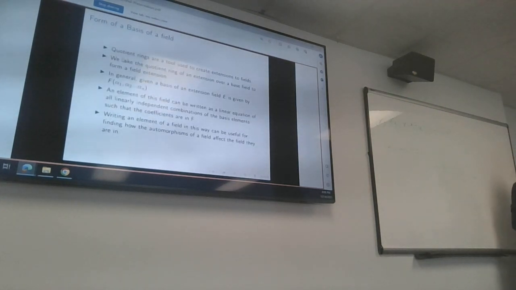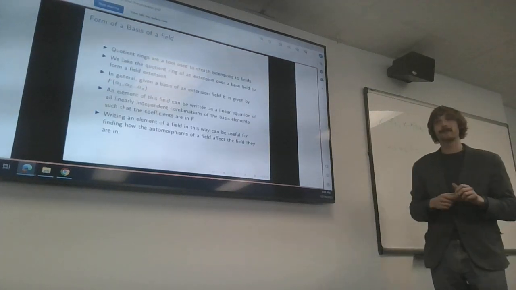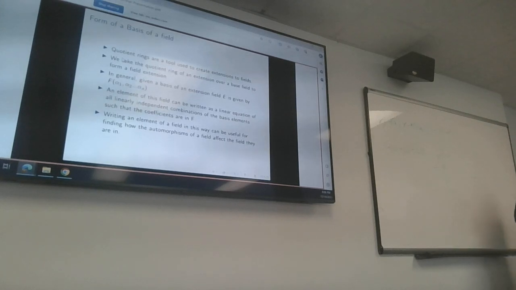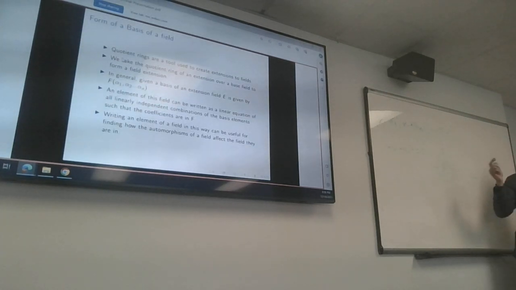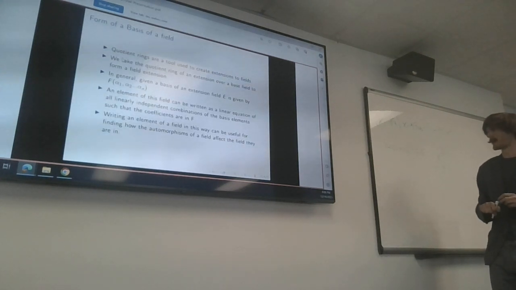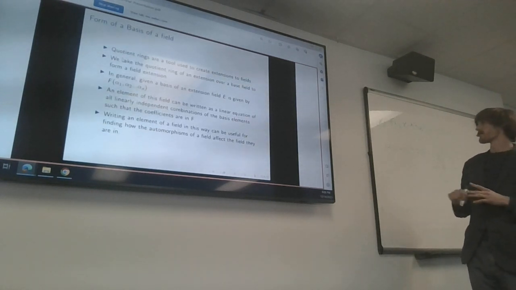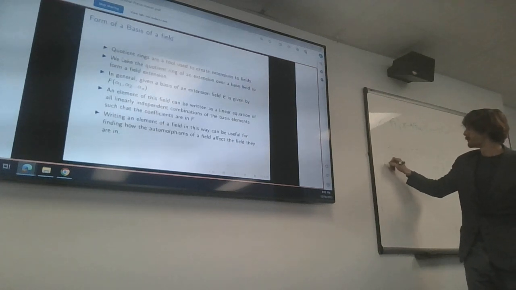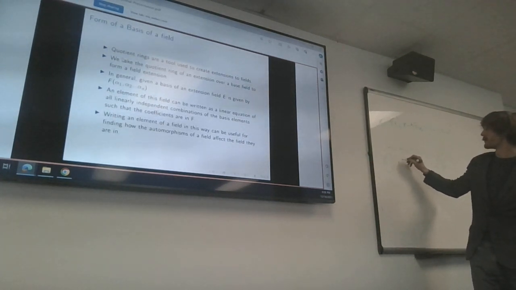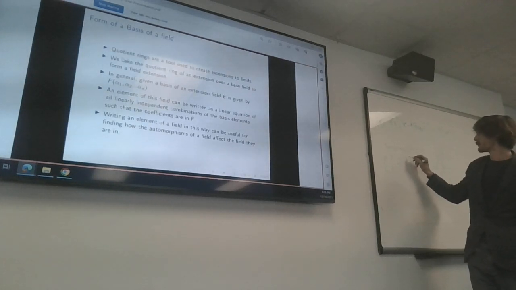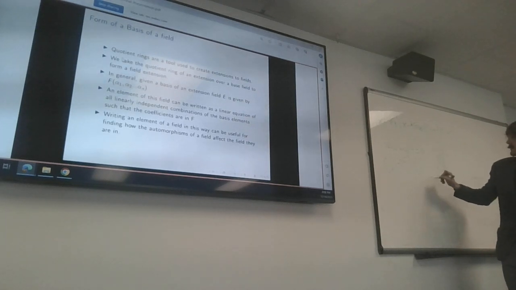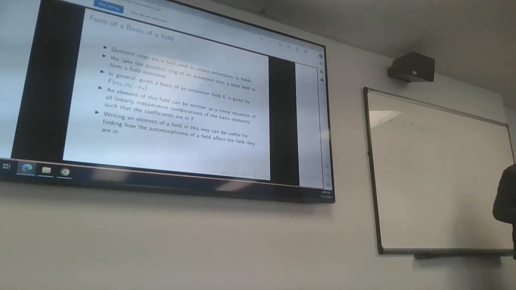So with that, field extensions are another very important part of Galois theory. And they're normally made with quotient rings. Like we were talking about earlier, if you have the rational numbers and then you extend the rational numbers with the cube root of 3, that extension over Q is a quotient ring.